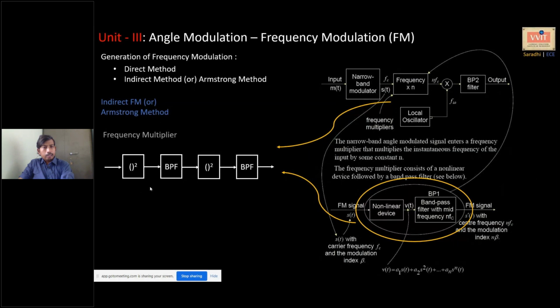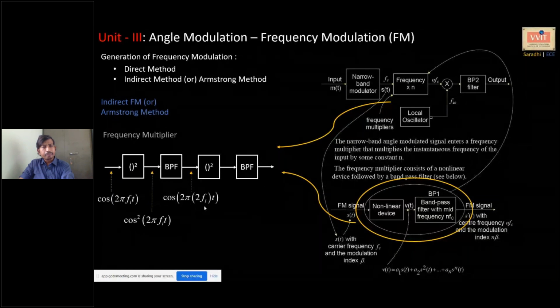Suppose the input is cos 2 pi fi t. What is the output of the first square law device? It will be obviously cos square, but cos square is 1 plus cos 2 theta by 2. So you have a DC term and a 2 Fi term. When you pass this through the band pass filter, the DC term gets eliminated and what remains is 2 Fi.